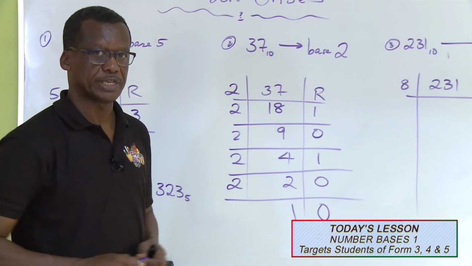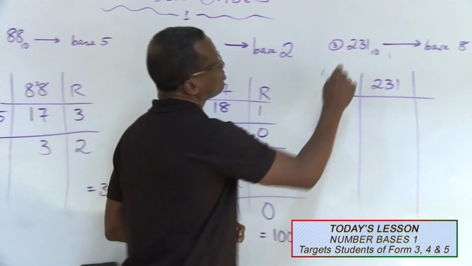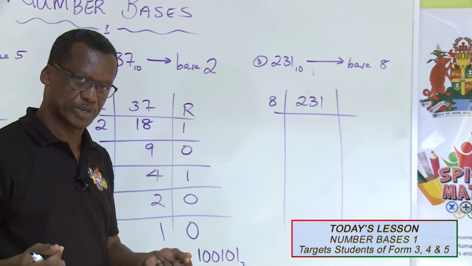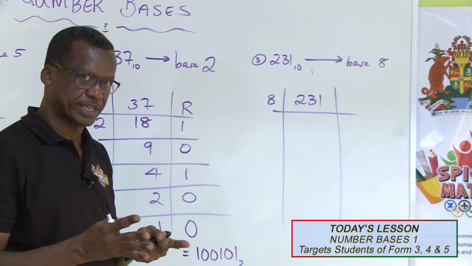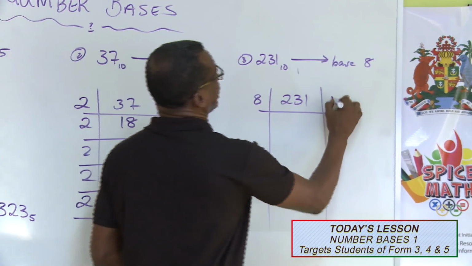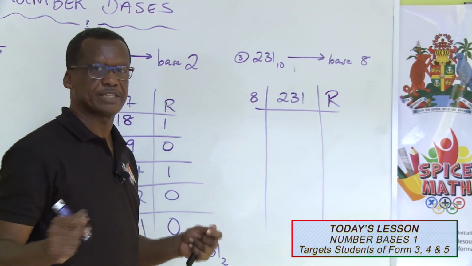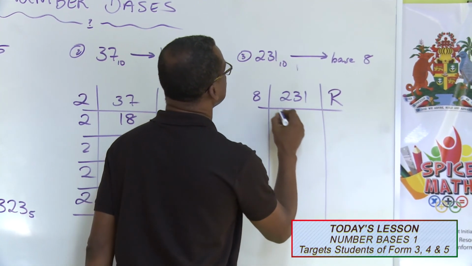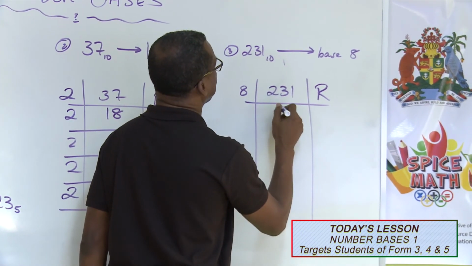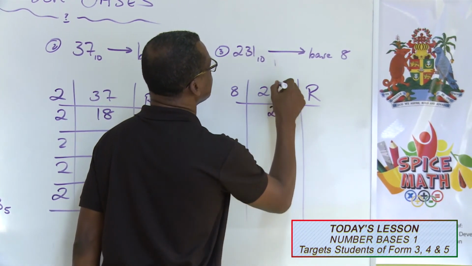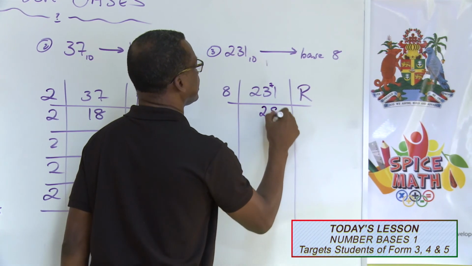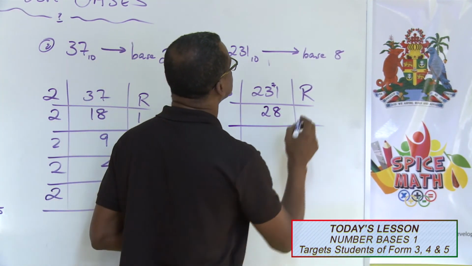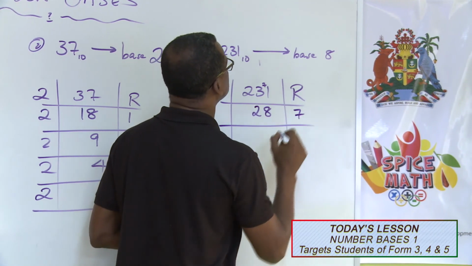And let's go to number 3. 231 base 10 converted to base 8. We divide by 8 because we're rearranging from groups of 10 into groups of 8. And we keep tracking the remainders. 8 into 231: 8 into 23 goes 2, 8 2s are 16 and 7. 8 into 71 is 8, 8 8s are 64, and that would give me how many as a remainder? 7.